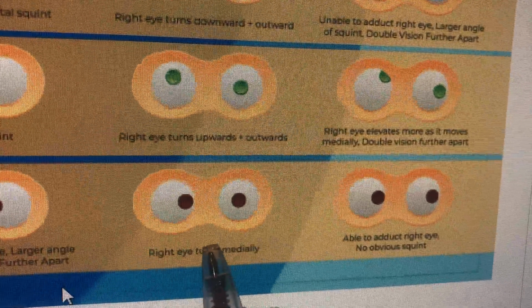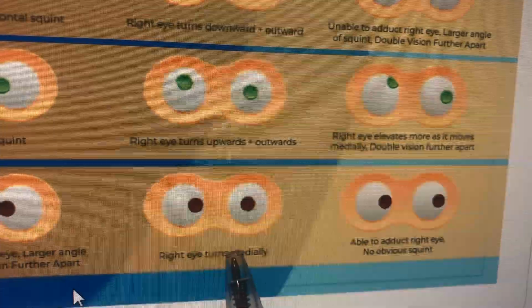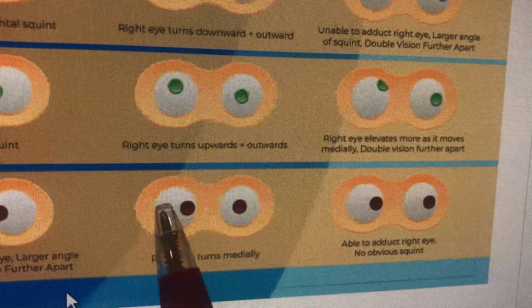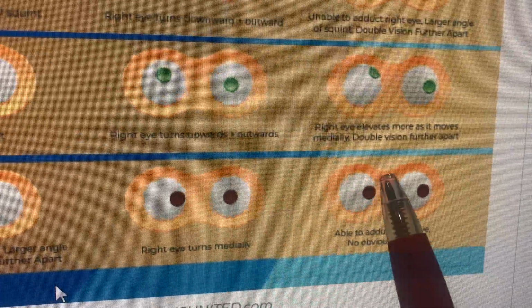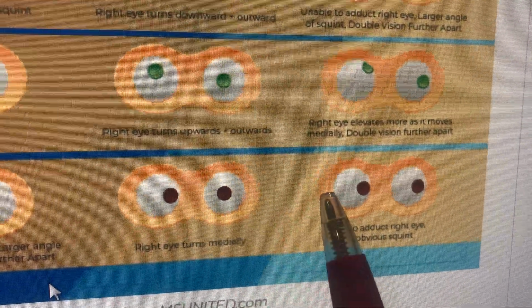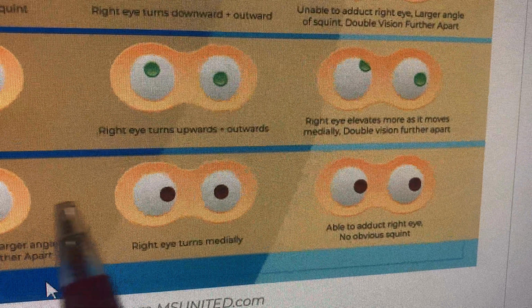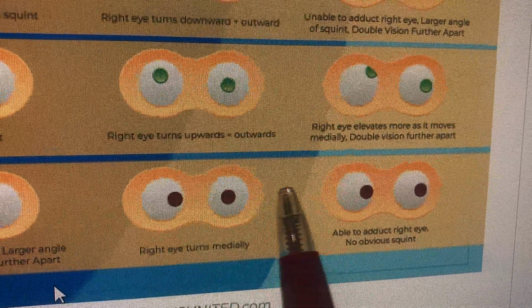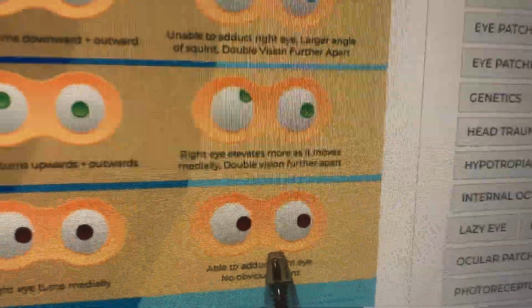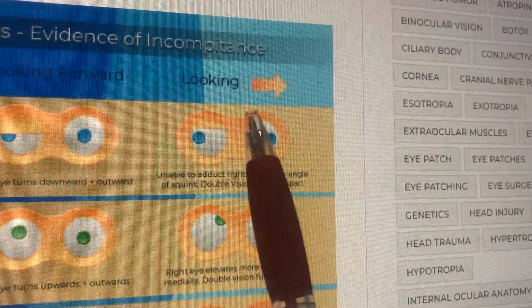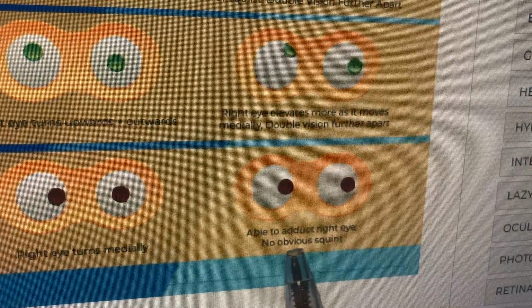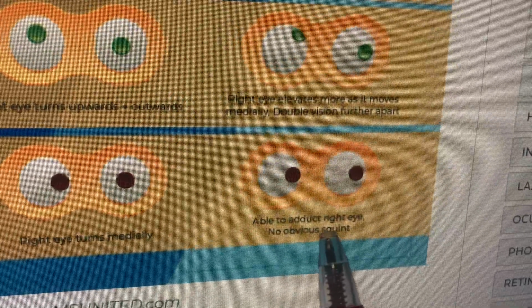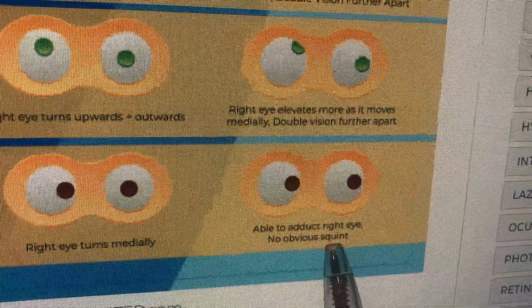So we do the EOM, which is the extraocular muscle movement test, with the pen light, and we ask the patient to look up, they will be fine, look down, they'll be fine, look towards the right side and look towards the left side. When you ask them to look this way, you see the arrow? It says here that the patient is able to adduct the right eye, no obvious squint. What does that mean?